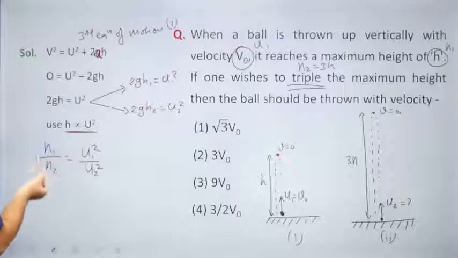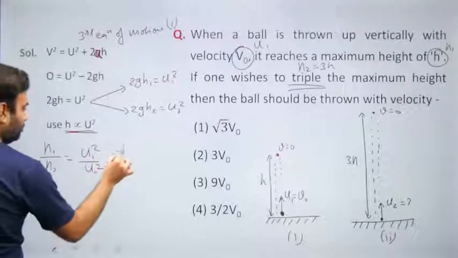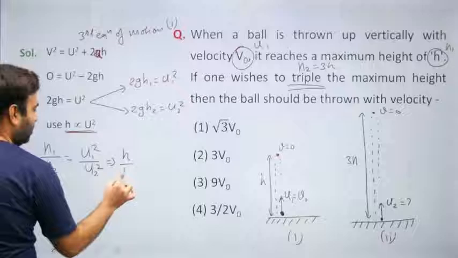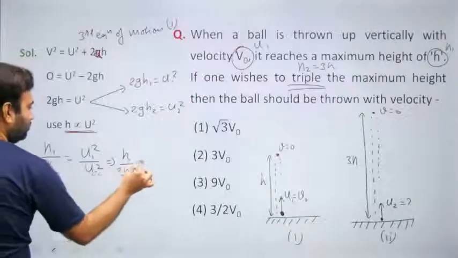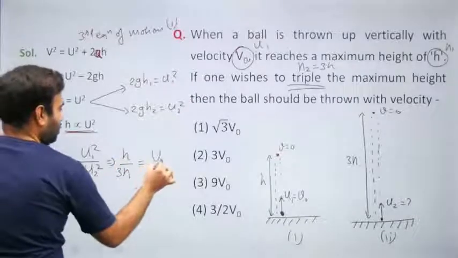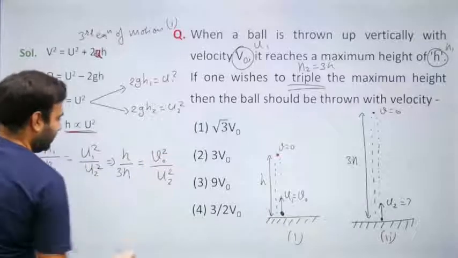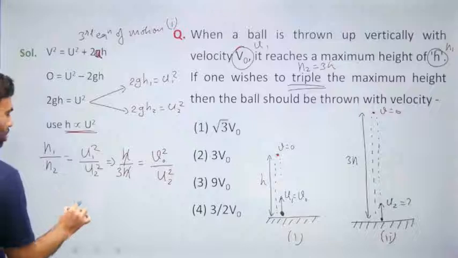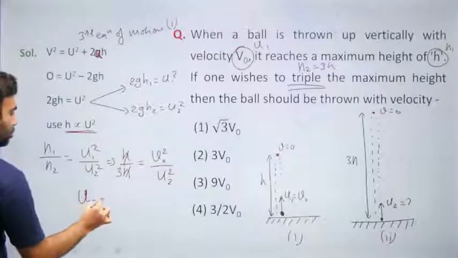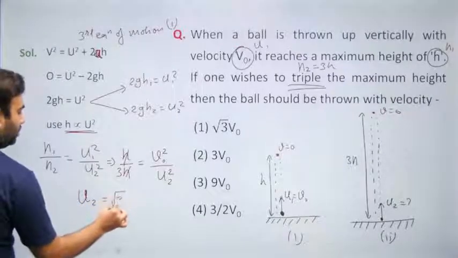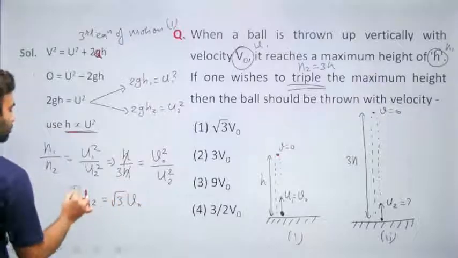Just write down these values. h1 is h and h2 is 3h. u1 is v0, it is squared, and u2 we have to calculate. So as you can see, you got u2 is equal to root 3 times v0.